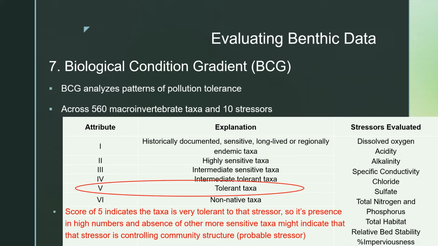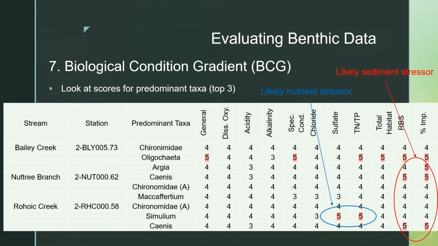All right, so let me show you a couple of ways we can look at the biological condition gradient data. One of the first ways is to look at the predominant taxa within your stream. I suggest maybe the top three. So which three taxa are most prevalent within samples from the stream you're looking at? Here's an example of different streams, Bailey Creek, Nut Tree Branch, Rowan Creek, and here are the top three predominant taxa for each.